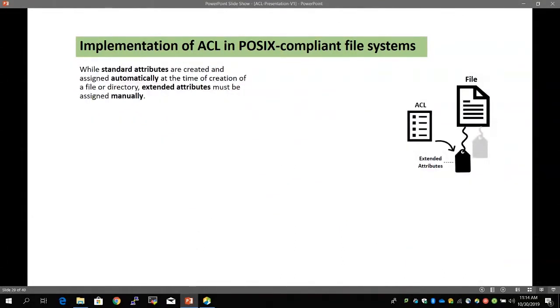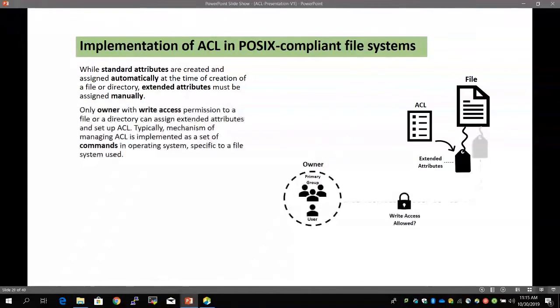Unlike standard attributes that are created automatically upon creation of the file or directory, extended attributes require manual creation and modification. Another limitation is that only the owner of the object, or someone with write access to the object, can create an ACL, because in order to create it, you need to write information into attributes of the file.